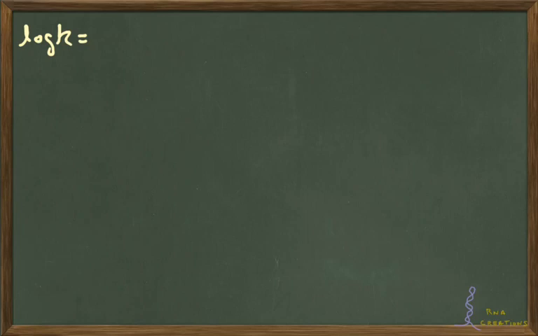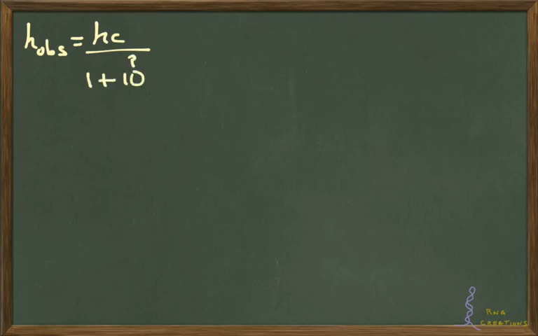What was it? Log k-obs equals... let's get rid of all logs. Let me start over. Just k-obs equals kc over 1 plus 10 to the pK minus pH. Now, these days, when I look at an equation like that, I immediately know it's a two-state equation because there's two terms in the denominator.